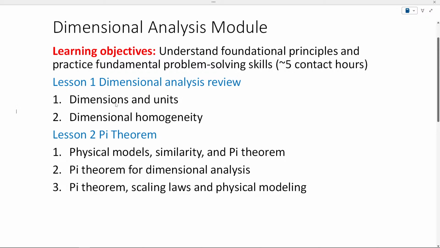It could be a primary quantity or a non-primary quantity. You're just measuring it without putting a number to it. Units are when you start putting a number to it. And we looked at dimensional homogeneity, the principle of dimensional homogeneity.